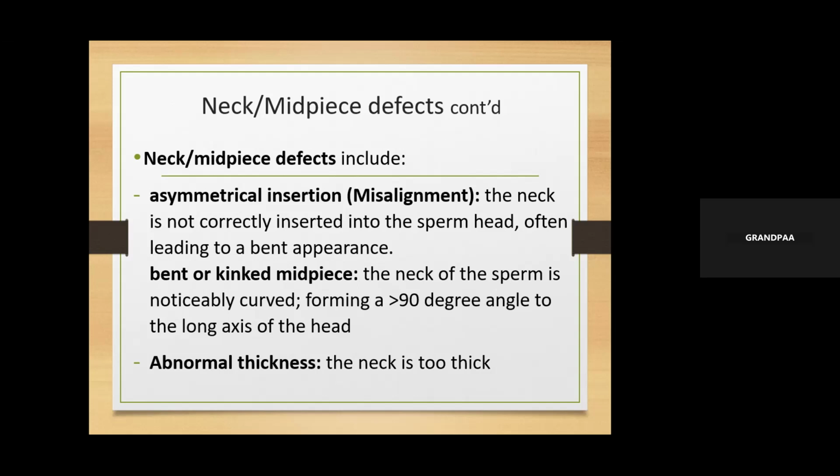And this often gives you a bent appearance. We've said this already. Bent or kinked midpiece. Okay. Here, the word kinked means a sharp bend in a form that will give you something like an angle. So sometimes it says angulated.